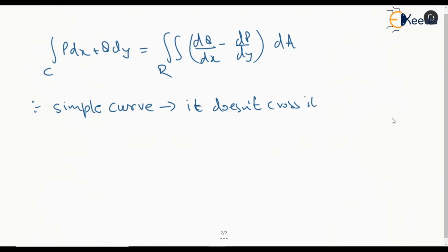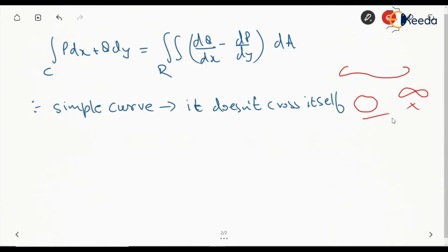You need to understand what we are trying to say here. This is simple, but this is not, because there is a point where it is crossing itself. So this is not simple and this is simple. Even this is simple. This is also fine, right?